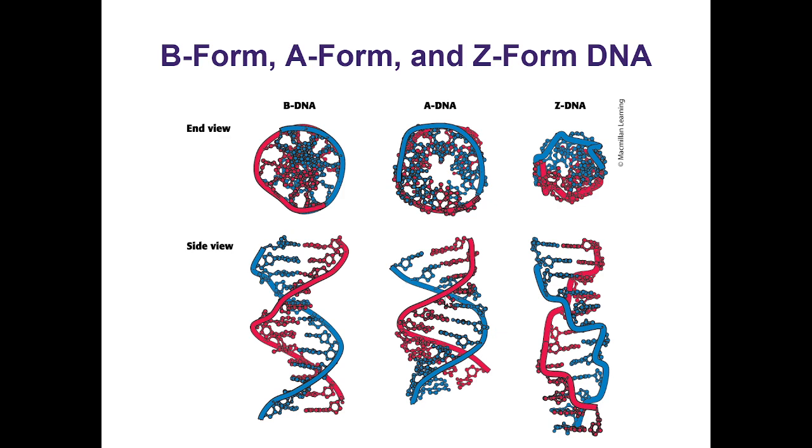And again, see how it's shorter and fatter? And we have a tilt. See the tilt to it? Like here would be the axis, and they're all tilted off of it. Everybody okay?